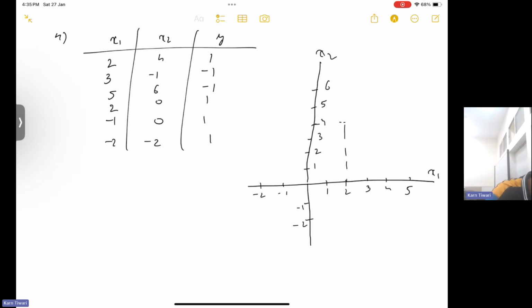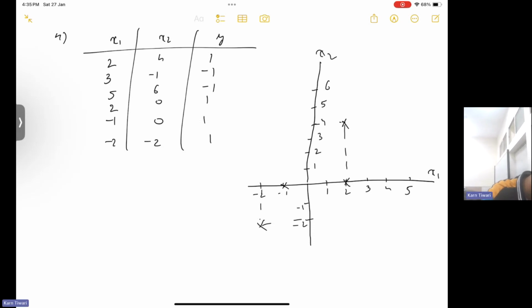For 2, 4, it is 1. For 2, 0, it's also 1. Minus 1, 0, and minus 2, 2 is also 1. For this point, 2, 4, it's 1.